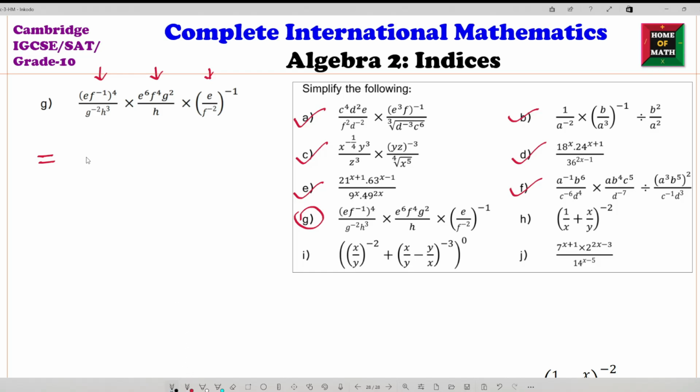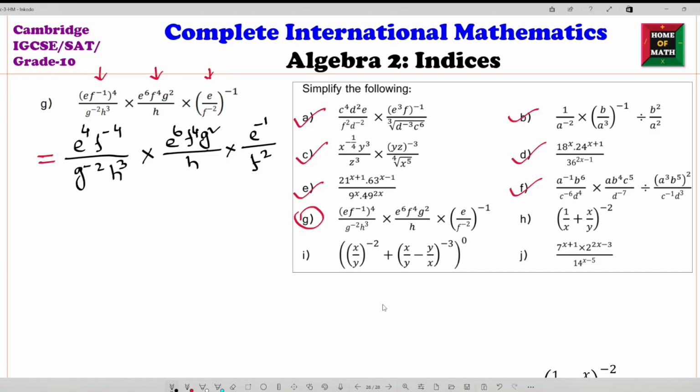So first we will work on the brackets. First here is e to the power 4 and f to the power minus 4, and here g to the power 2 h cubed, times e to the power 6 f to the power 4 g squared divided by h. The second fraction we keep unchanged, and in the third fraction here is e to the power minus 1 and f to the power minus 2 times minus 1, it means only 2.